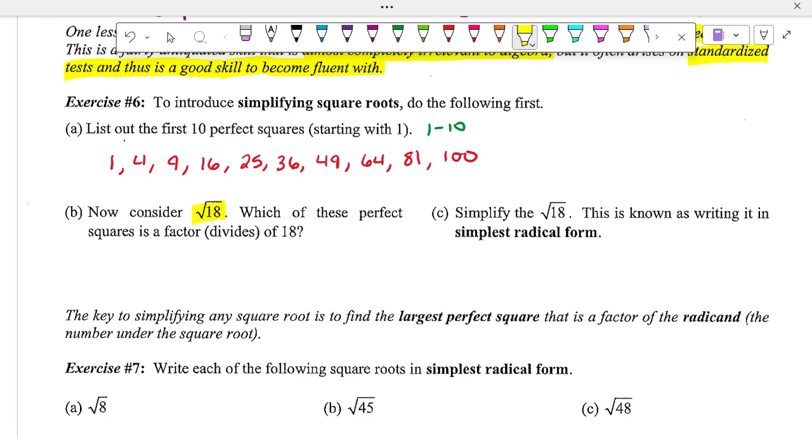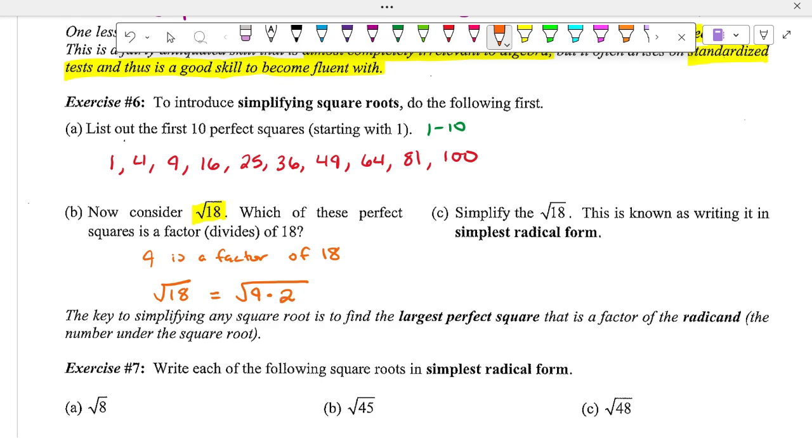So 9 is a factor of 18. So since 9 is a factor of 18, couldn't we rewrite the square root of 18 as the square root of 9 times what gives you 18? 2.